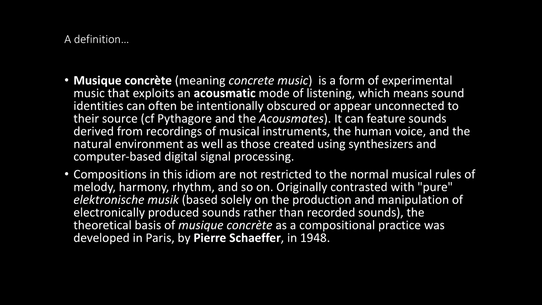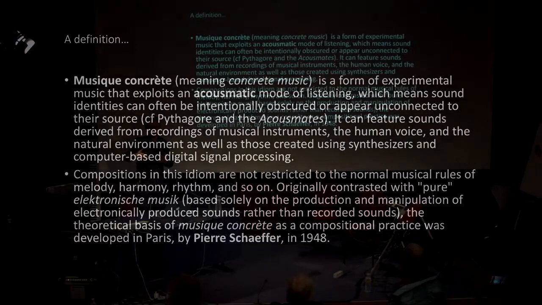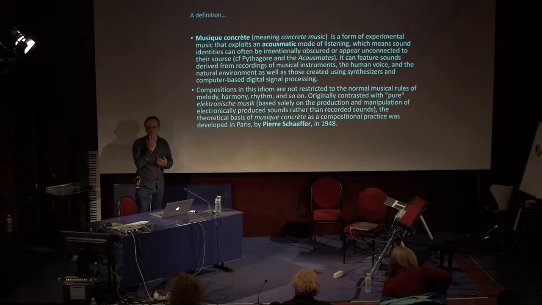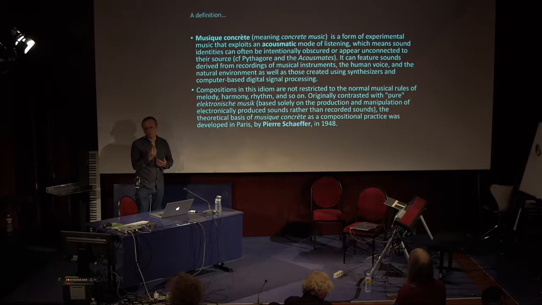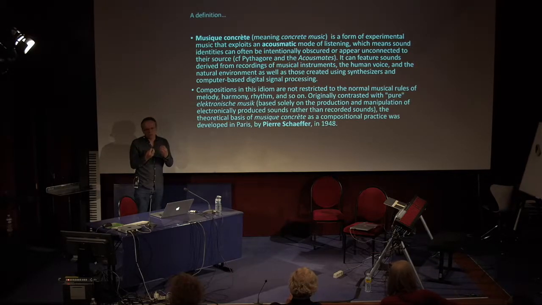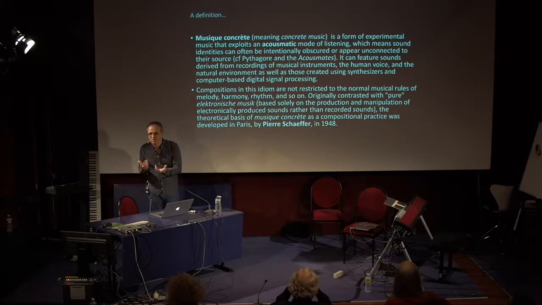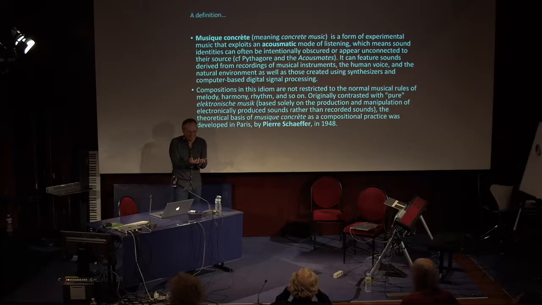Pythagoras and the acousmat. Pythagoras had students, but there was a curtain between the students and him in order not to show his face, because he thought it was a problem for the students, because when the students are looking at his face, there will be a disturbance, a distortion of the discourse, the things he says.